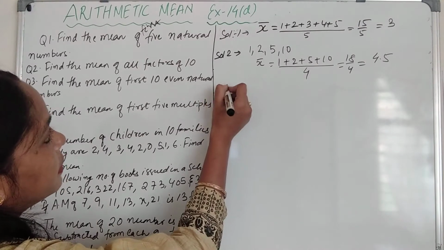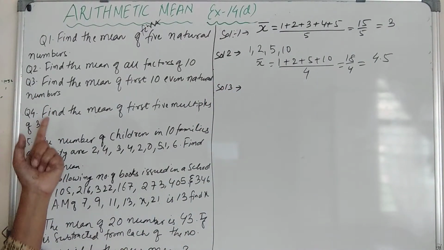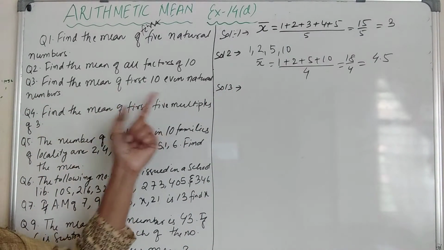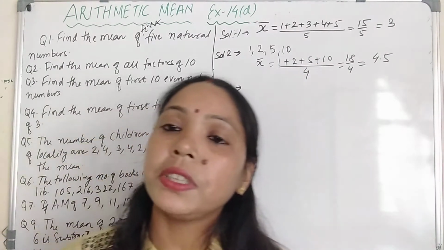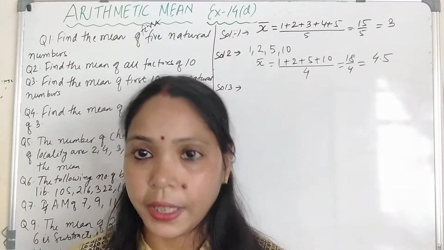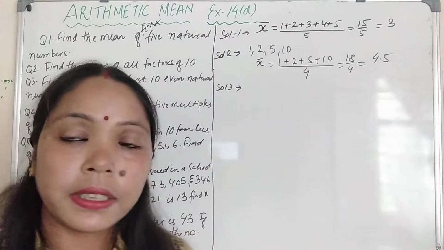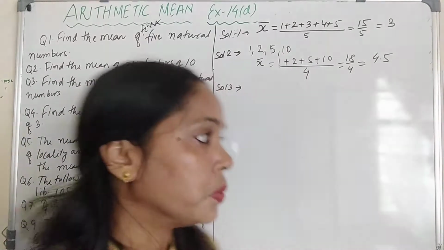Now come to number 3. Find the mean of first 10 even natural numbers. Even numbers means the numbers which are divisible by 2. It means we have to consider the multiplication table of 2.